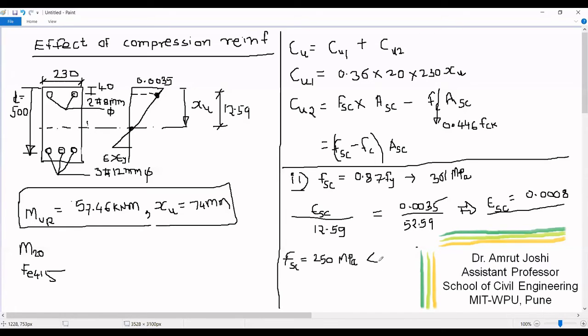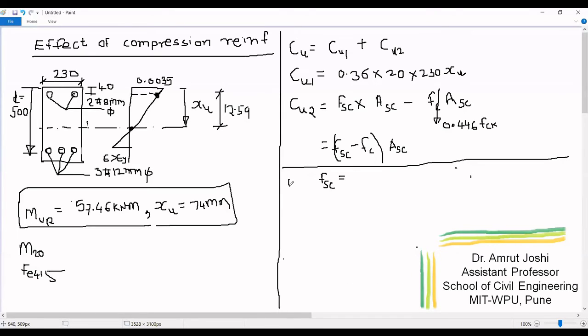This value is less than 361 MPa, which is assumed, and therefore this iteration fails. So let us begin with the second iteration, where we will now assume FSC is equal to 250 MPa. So iteration number 2, we assume FSC is equal to 250 MPa.